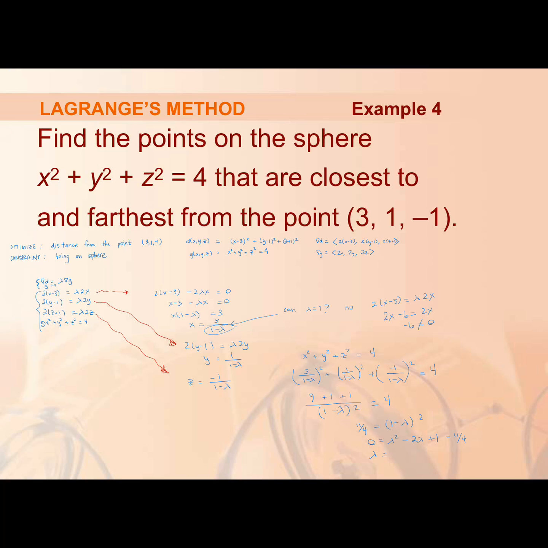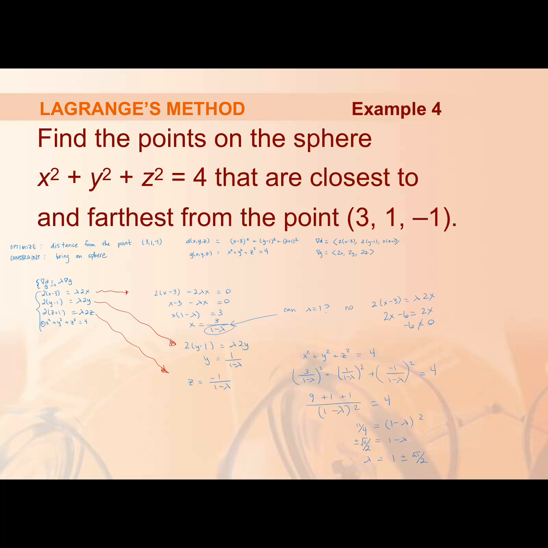Actually, we can solve it. You don't have to use the quadratic formula. So we could get that 1 minus lambda equals plus and minus square root of 11 over 2. So then lambda equals 1 plus or minus square root of 11 over 2.